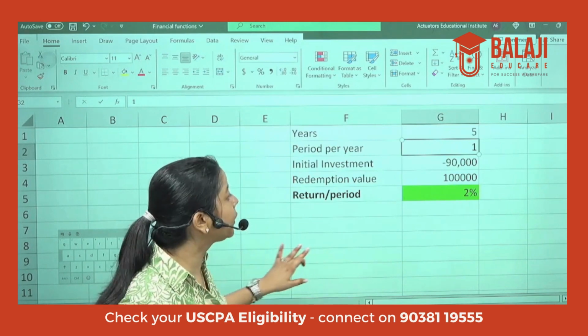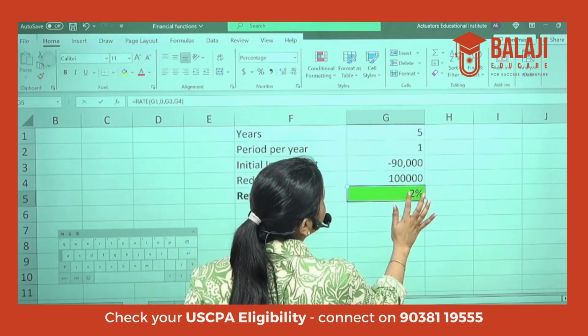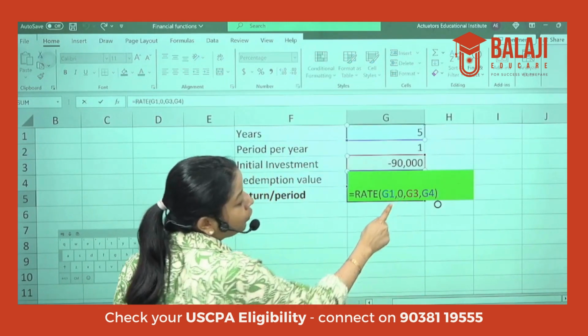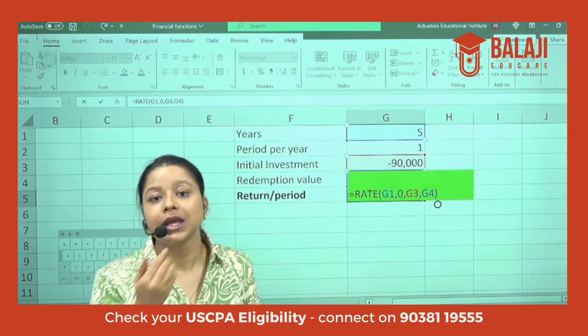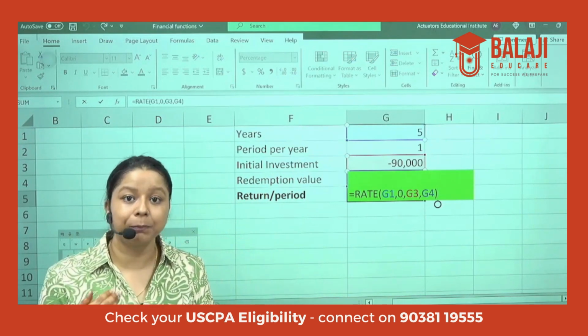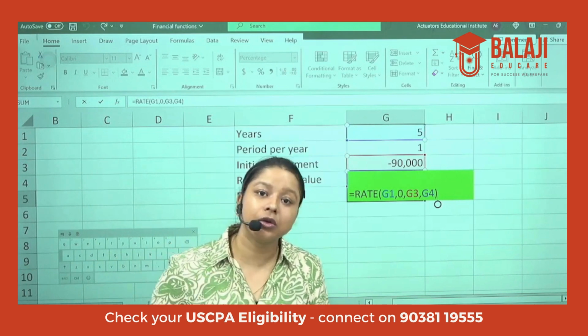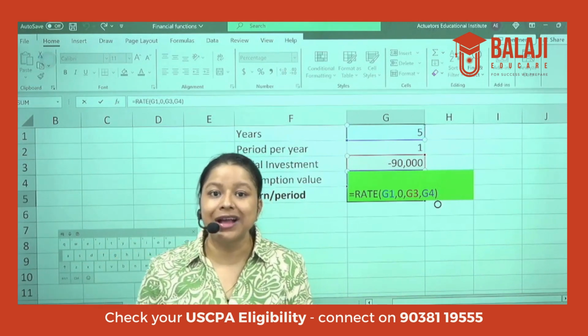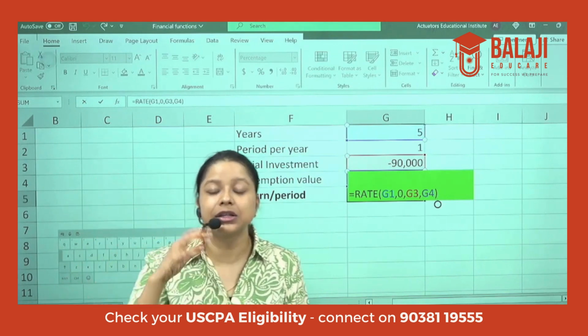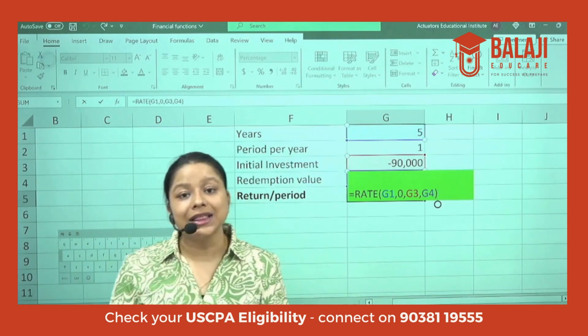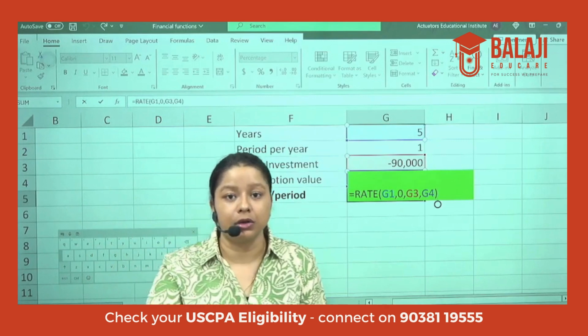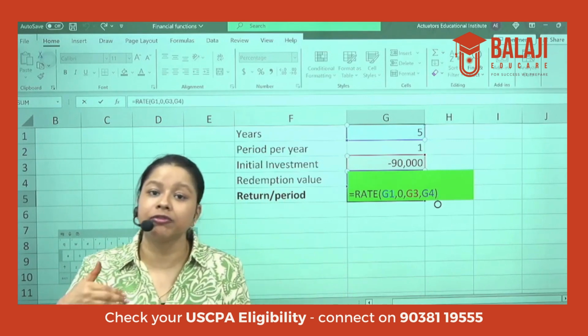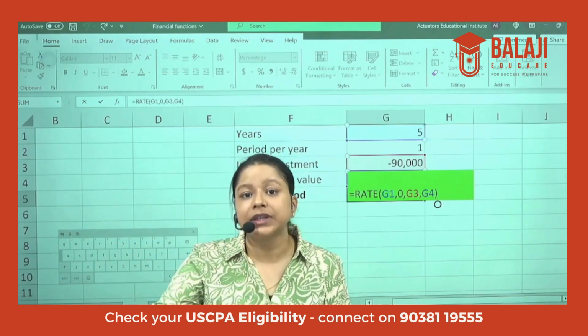For example, here I have taken the PMT as 0. Now you can consider that you have taken a loan of 1 lakh at time 0. So the PV becomes 1 lakh, and since it's a loan coming in, it needs to be a positive value. Then you are making equal monthly installments of, let's say, 100 rupees for the next 5 years.